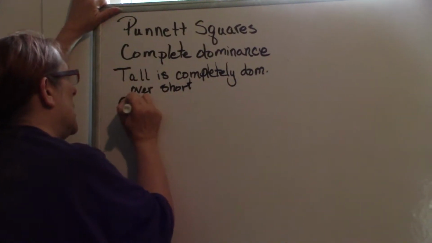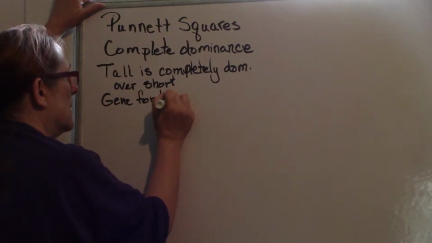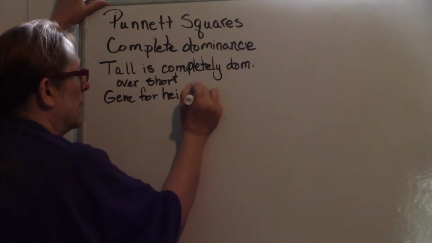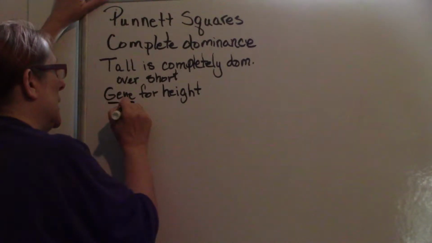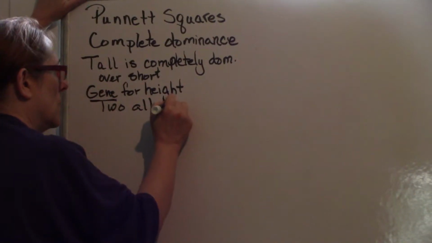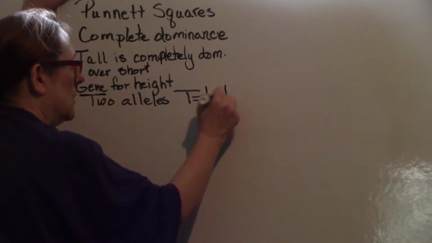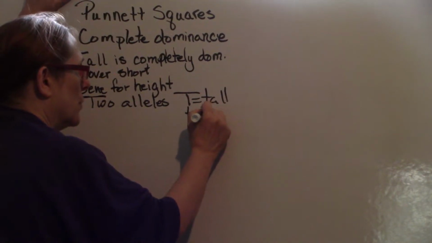So we have a gene for height and pea length. We have two alleles. Big T for tall, little t for short.